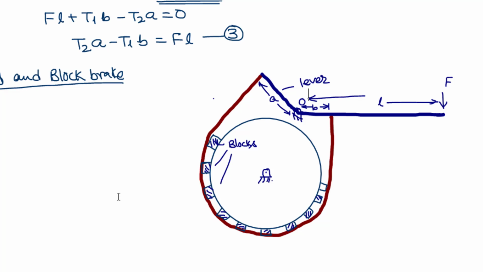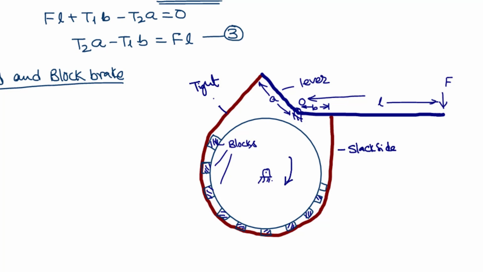The two sides of the band become the tight side and the slack side. If the drum rotates clockwise, this side becomes the tight side and this side becomes the slack side.